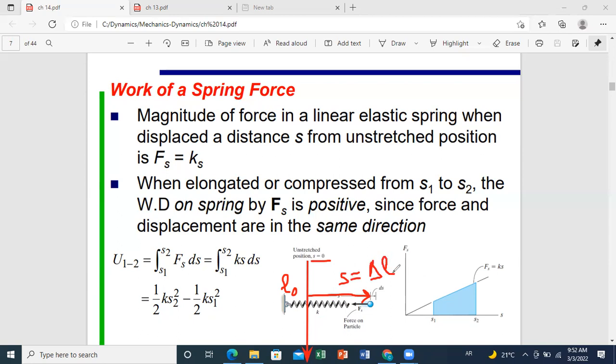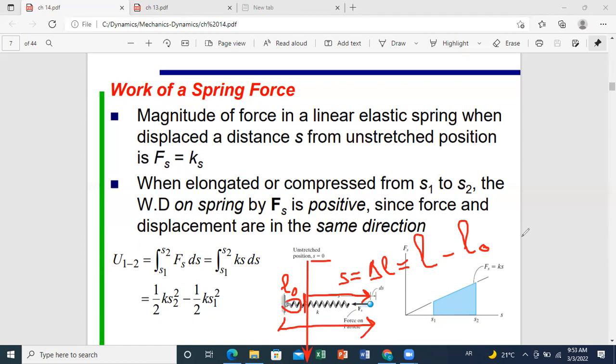Delta L is the stretching of the spring. It's equal to the length of the spring minus the unstretched length L0. If I count S from the unstretched position, then if I just do L minus L0, I will get S.